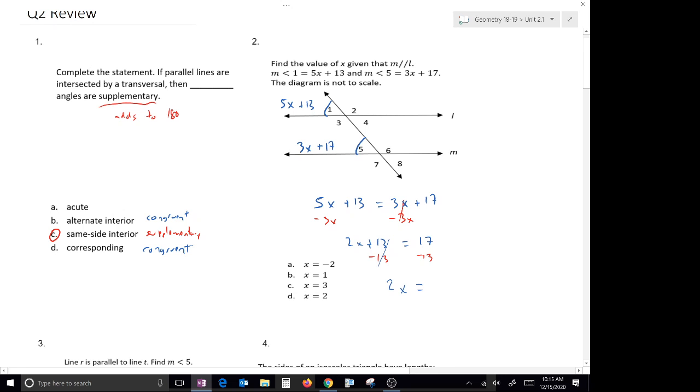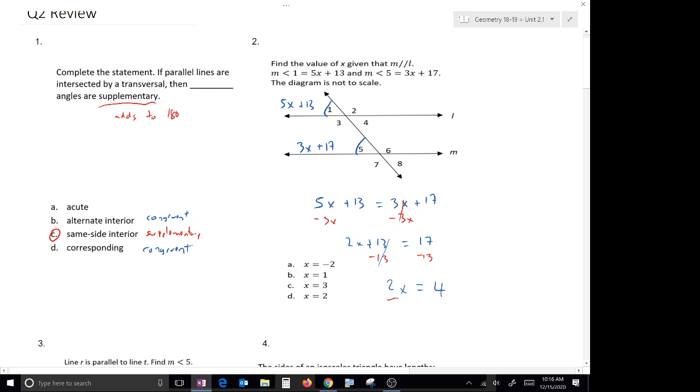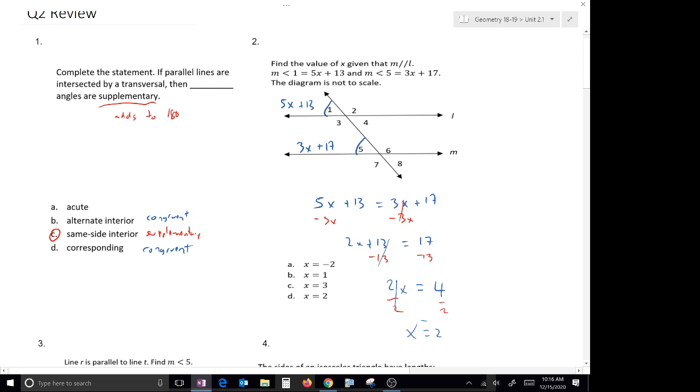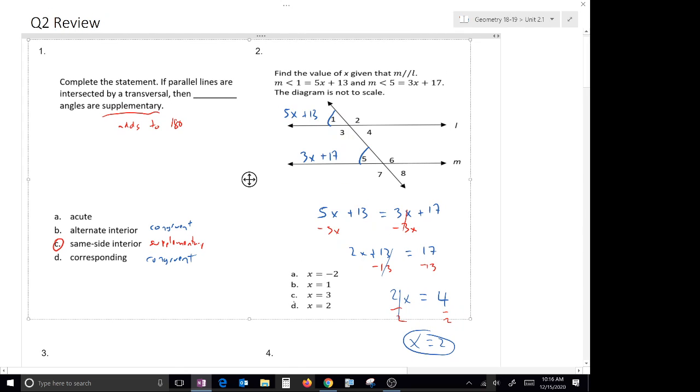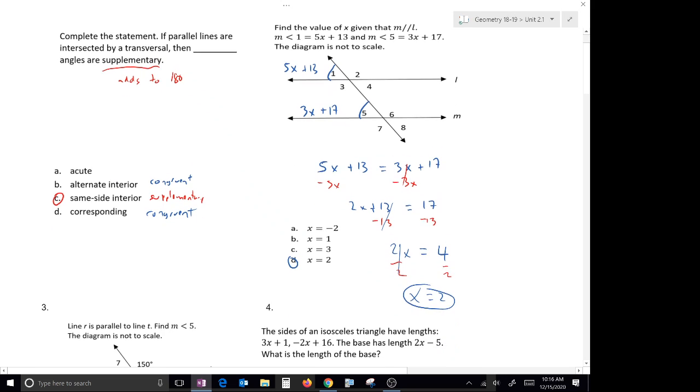We get 2x equals 4. Divide by 2. Then we get x equals 2. Or letter D. Okay.